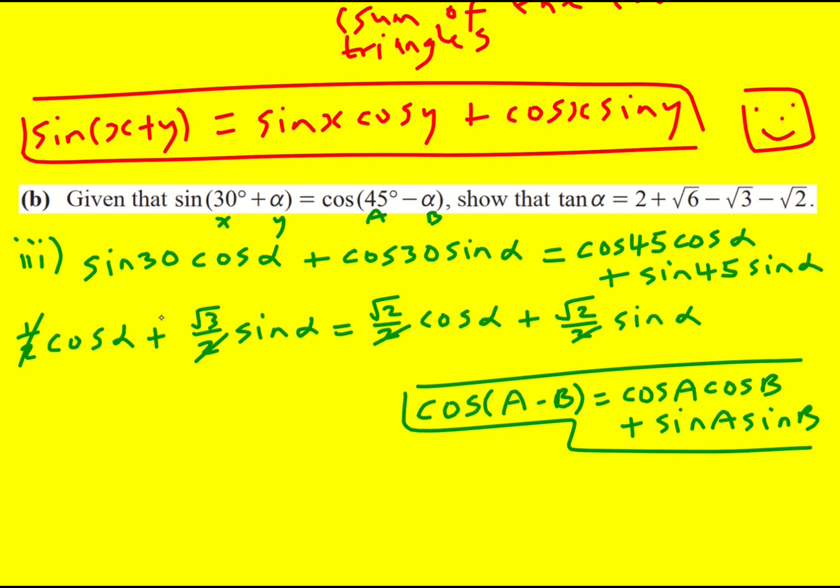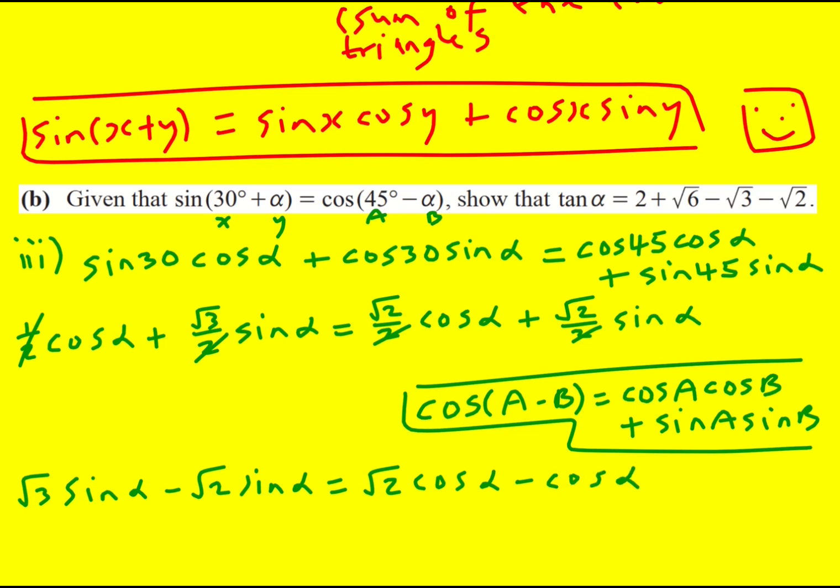That's good. And I want to get tan. To get tan, I've got sine and cos. I've got to try and get sine divided by cos. So let's get all the sines on one side and all the coses on one side. So next line is going to be root 3 sine alpha minus root 2 sine alpha equals root 2 cos alpha minus cos alpha.